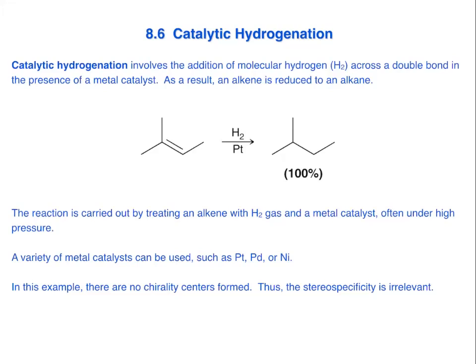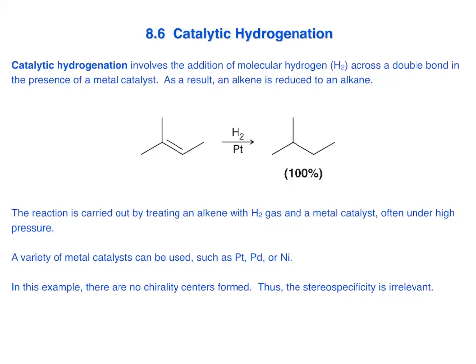Now, when an alkene undergoes catalytic hydrogenation, the transformation that occurs is it becomes an alkane. So we're undergoing a transformation from an alkene to an alkane as a result of forming two new bonds to two hydrogen atoms.